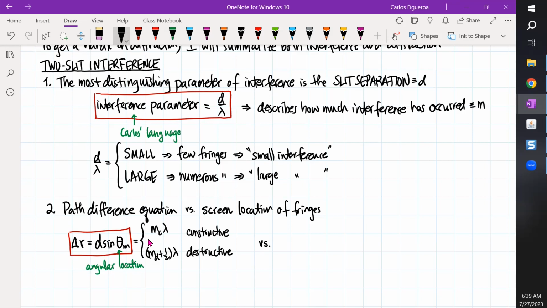This is the screen location. And what we wrote here is that y of m is equal to D tangent of theta m. The reason why these are connected is because theta m occurs in both equations.